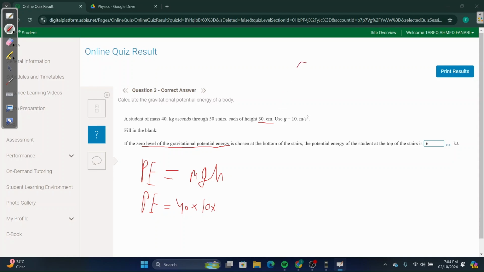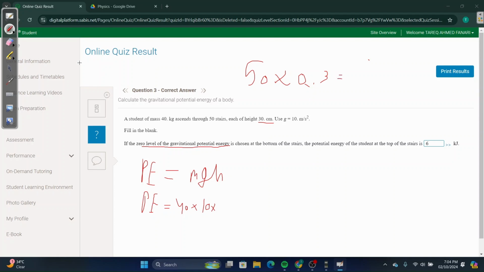So we're going to divide 30 by 100 to make it into meters. Centimeters to meters, the change factor is 100. So it's 50 times 30 over 100, which is 0.3.